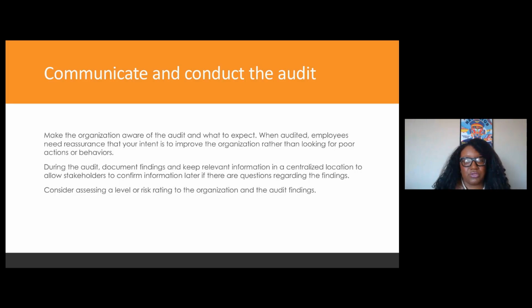So during the audit, document findings and keep relevant information in a centralized location to allow stakeholders to confirm information later if there are questions regarding the findings. So you'll determine who you're going to share your findings with.